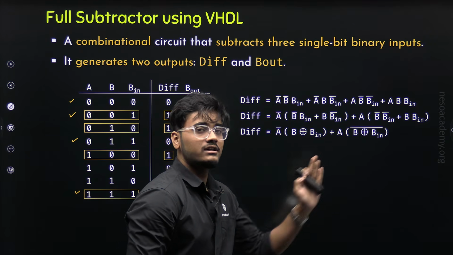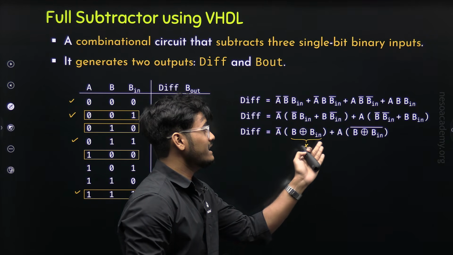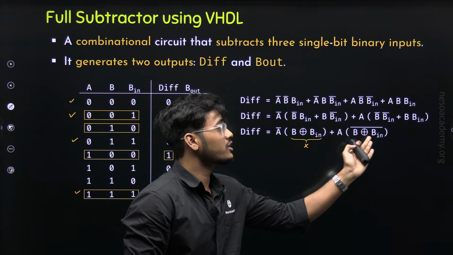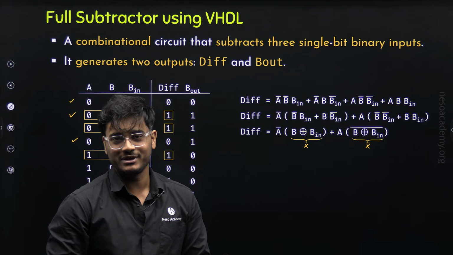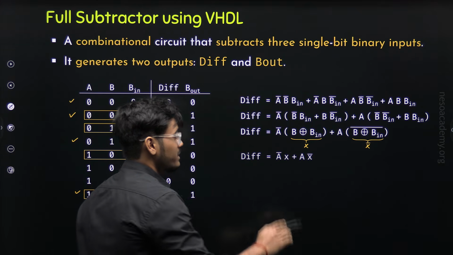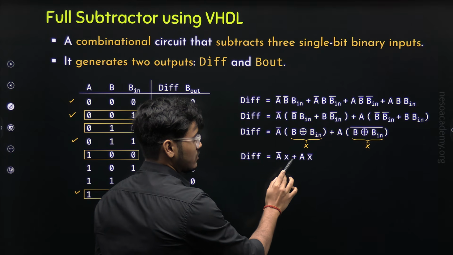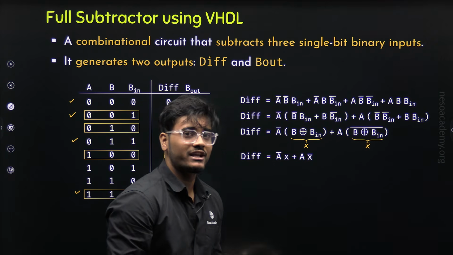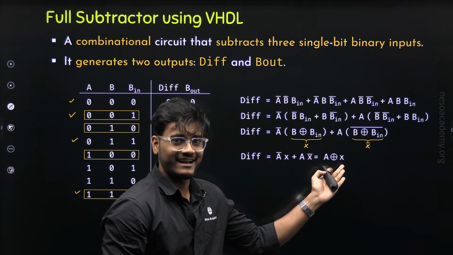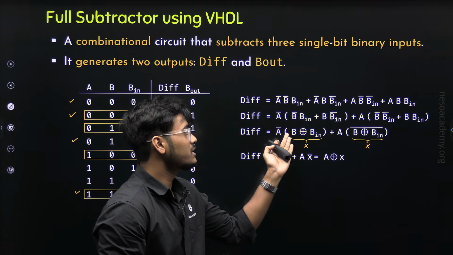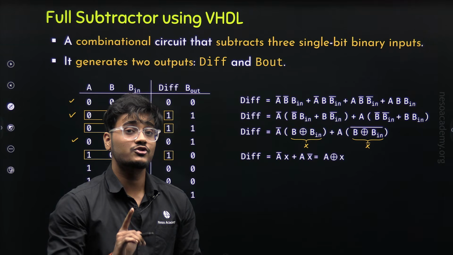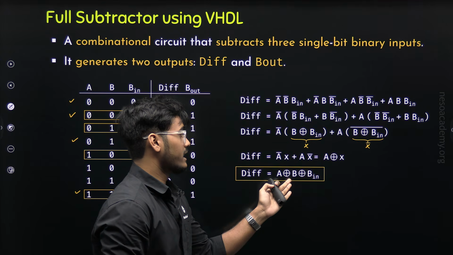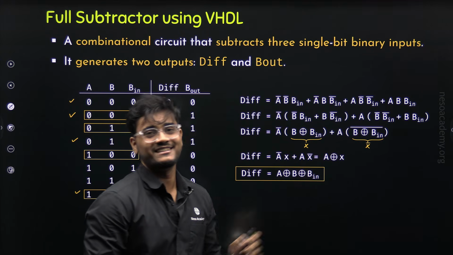Now to simplify it further, I will assume B XOR B in as X. Therefore, complement of B XOR B in will be X complement. So, the expression will be A complement and X or A and X complement, which is again an XOR operation between A and X. And here X is equal to B XOR B in. So, the final expression for the output difference is equal to A XOR B XOR B in.